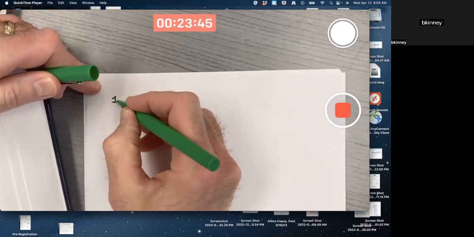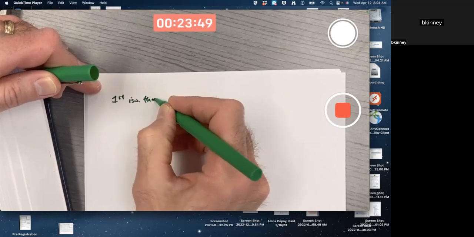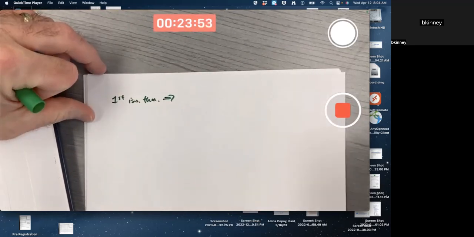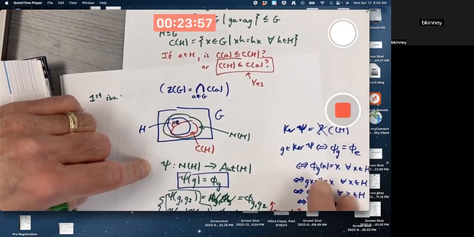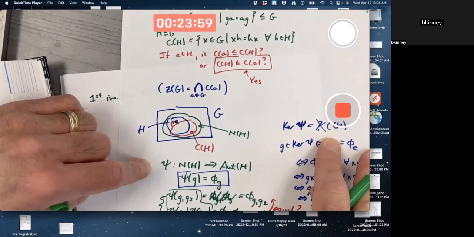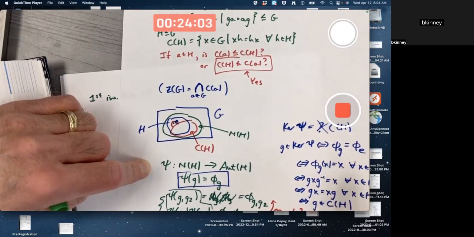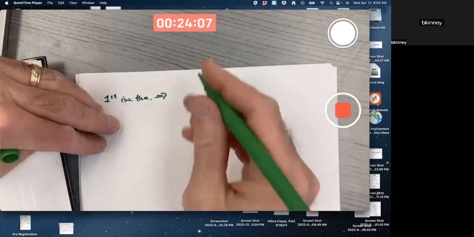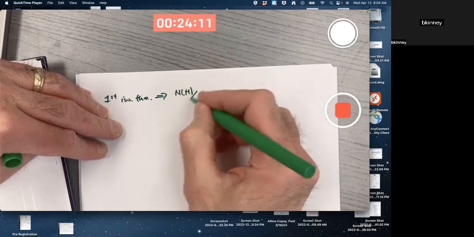The first isomorphism theorem would then imply what? We're talking about a homomorphism with a certain kernel. The first isomorphism theorem says, take that group, N of H in this case, and mod it by its kernel, form the factor group.